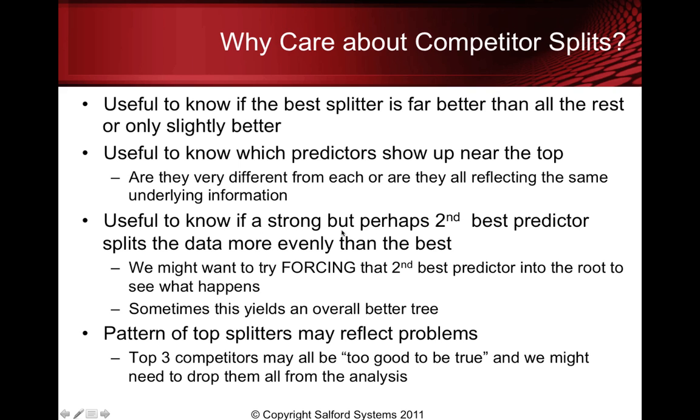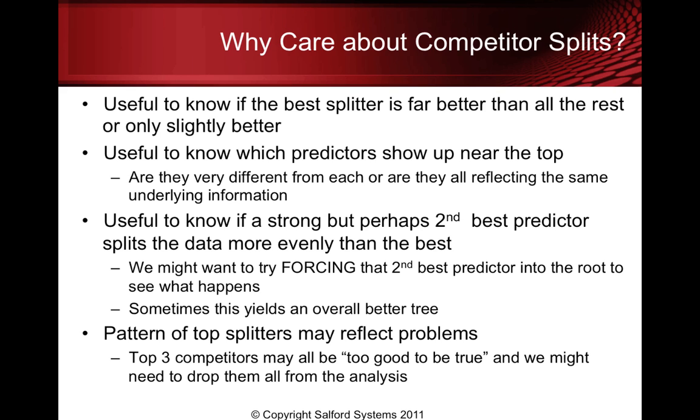It's useful to know if a strong but perhaps second best predictor splits the data more evenly than the first. This is the third time we've mentioned that topic in this particular session, and we will talk about it in another one of the videos. But there are times in which you will find the tree much more acceptable if it is relatively balanced versus unbalanced in terms of how the data is divided as you move down the tree.